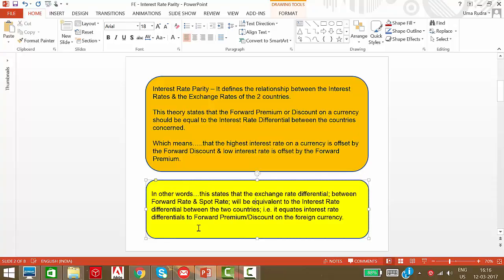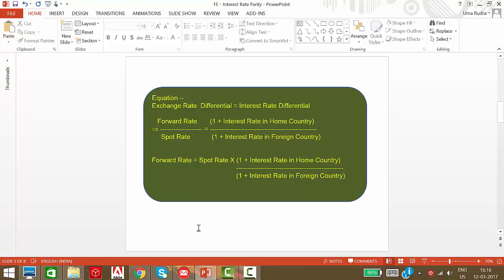We will see. If we put it in an equation, it would be: exchange rate differential equals interest rate differential. So we can put forward rate by spot rate. This ratio should be equal to 1 plus interest rate in home country divided by 1 plus interest rate in foreign country.